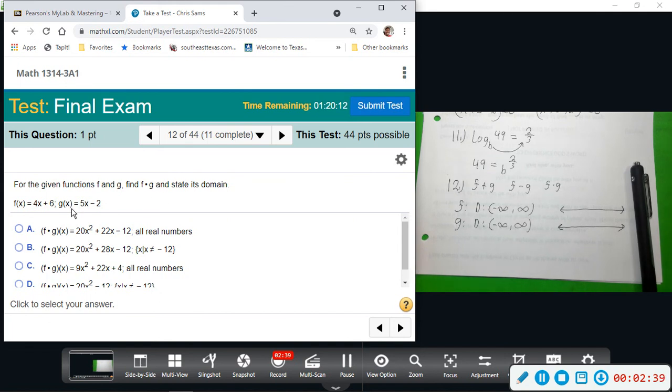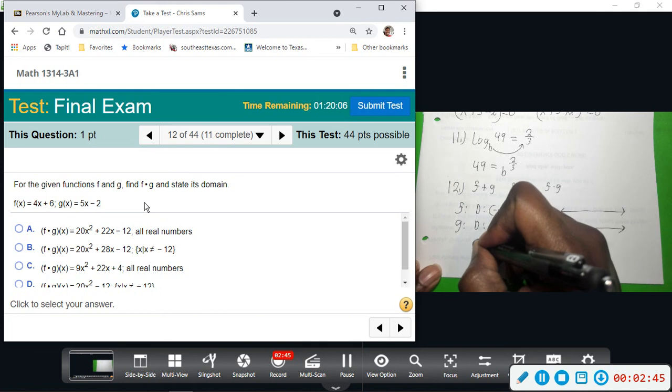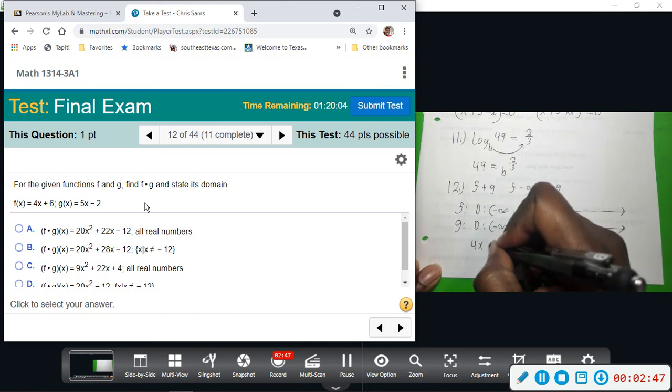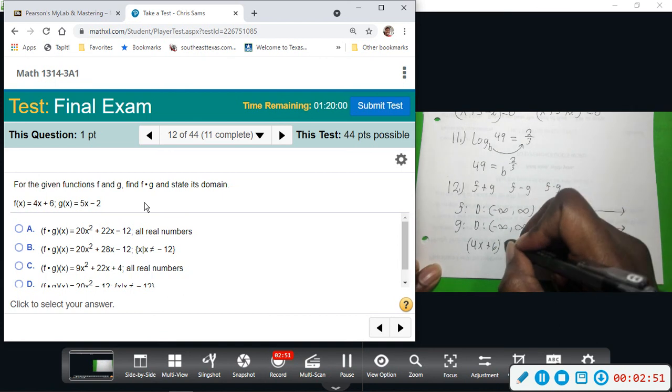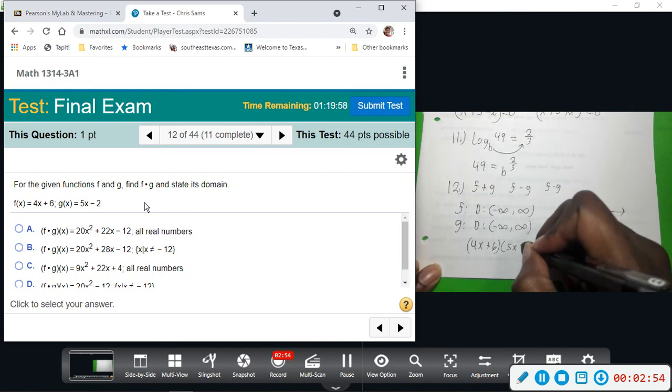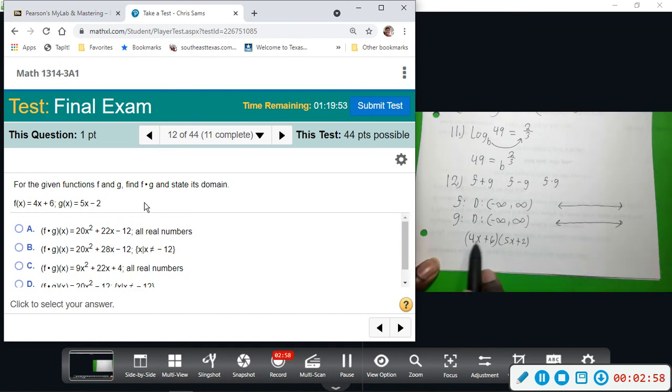Now, we also want to find f times g, so we're going to actually multiply these two functions together. So that would be 4x plus 6 times 5x plus 2. And we will FOIL this out. So I would do 4x and 5x.